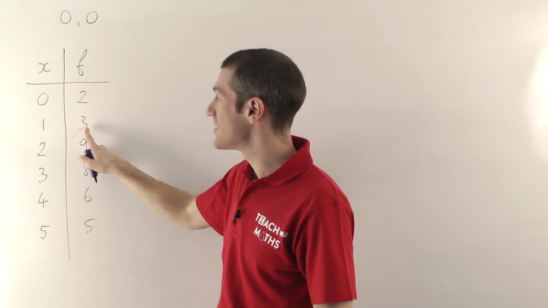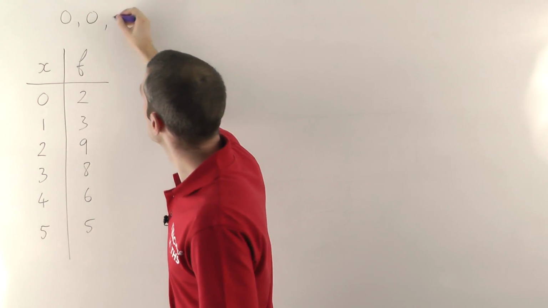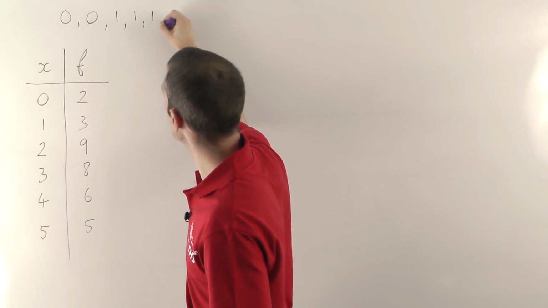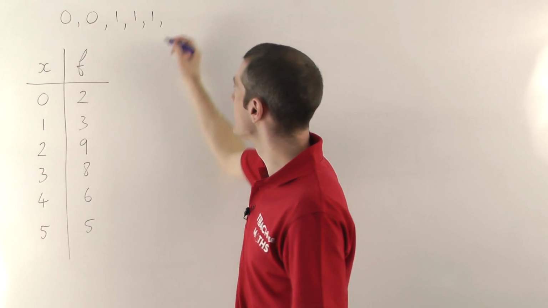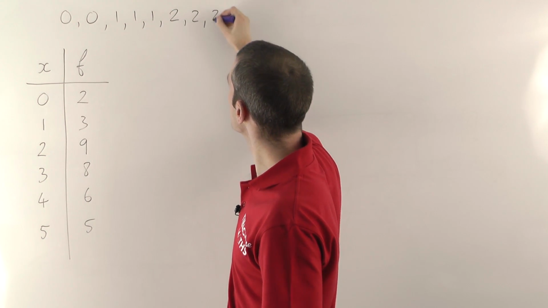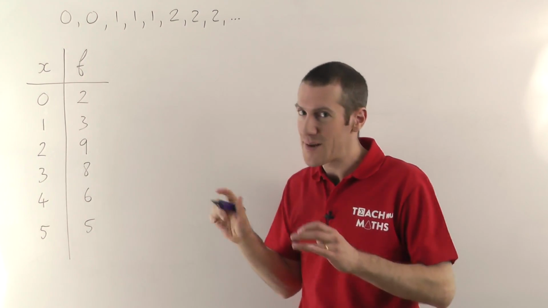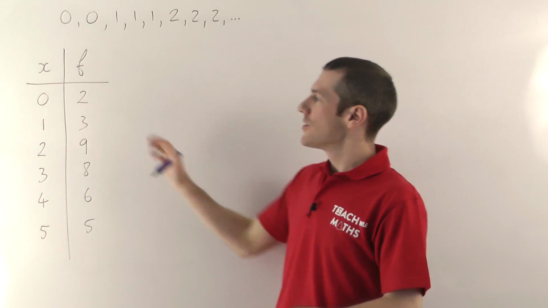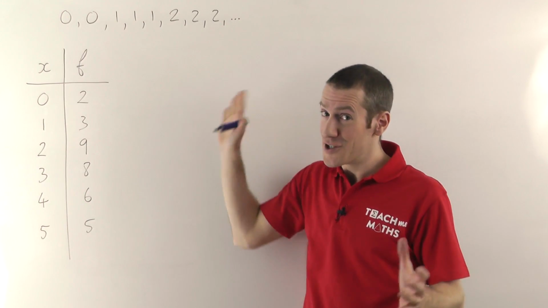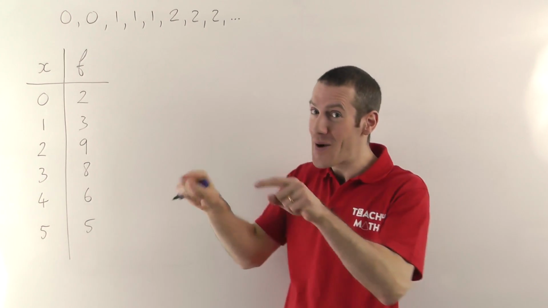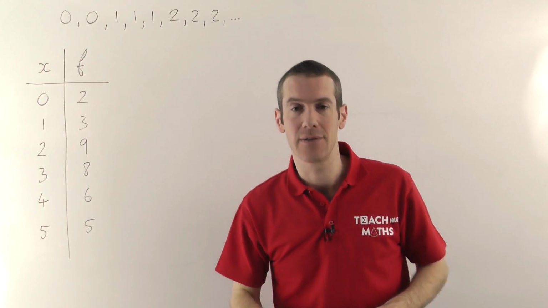Then we're going to have all our 1s, and there are 3 1s in the list. So 1, 2, 3, and then we're going to have all these 2s. So 1, 2, 3, etc. So if you're not sure about this n plus 1 over 2 thing, use this to write out all the numbers, and you do have to write them all out. Pair your way in from the outside, and you get your median that way.